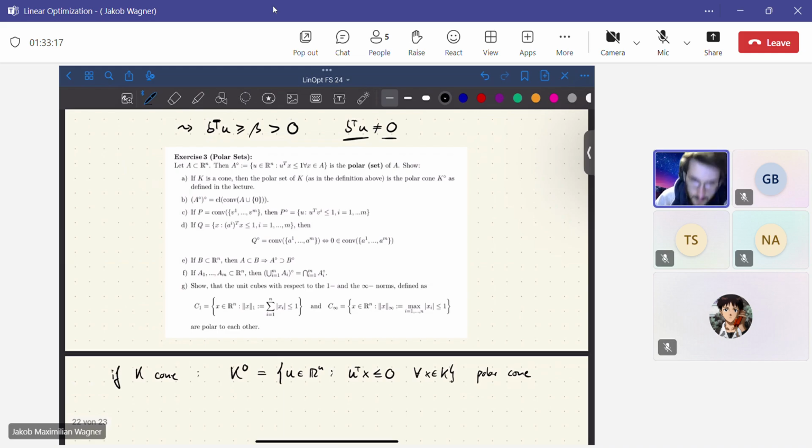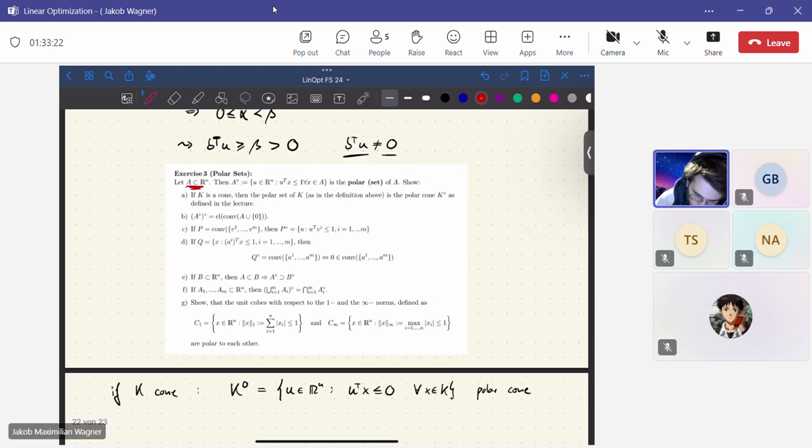If you have some A in Rn, then you can construct the polar set of this by finding all U in Rn where U transpose X is less or equal than 1. So we have a 1 here instead of the 0 from before. And we will see that for cones, this gives us the same set. So the polar cone is the same with either definition of polarity.